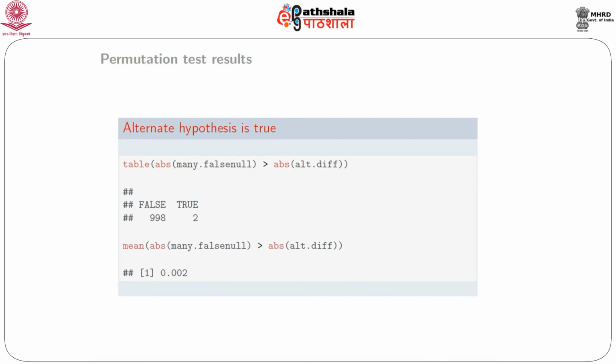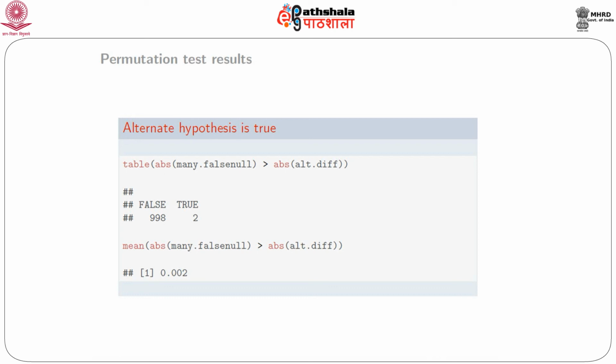Now, if we do the same procedure for false null, what do we get? First, for the false null value, this red line is outside, at the right side end of the histogram, and if we do a table of that, we see that out of 1000 permuted data sets, only 2 values are such that the null difference for those is greater than the observed difference for the alternative hypothesis.